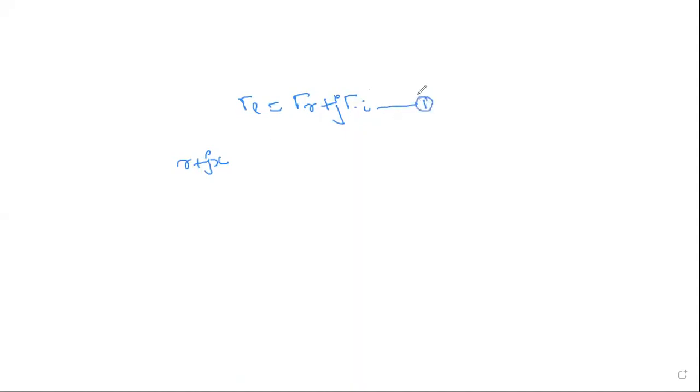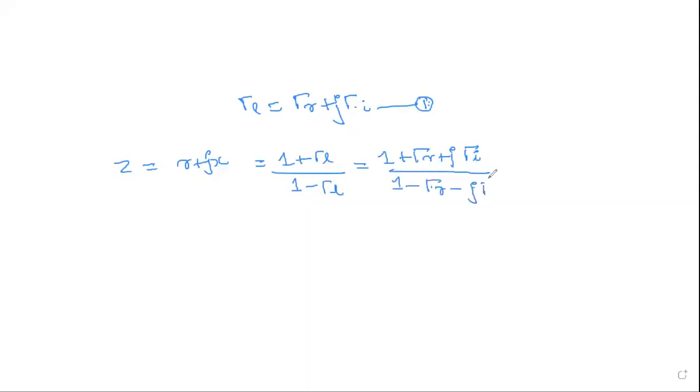Suppose you consider this as your equation 1, and one more equation that you have previously, that is Z is equal to r plus jx, or it is 1 plus gamma L divided by 1 minus gamma L. You need to substitute the value of gamma L, which is in equation 1, into this. So it will be 1 plus gamma R plus j gamma I divided by 1 minus gamma R minus j gamma I.